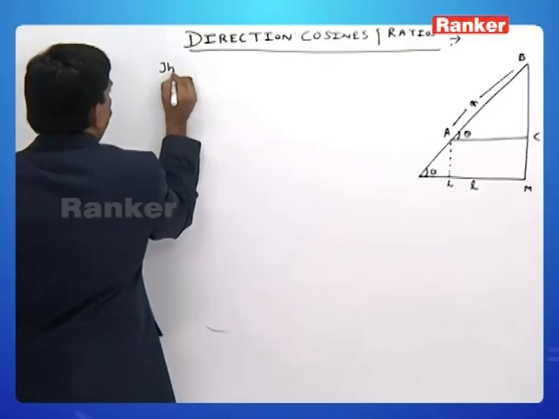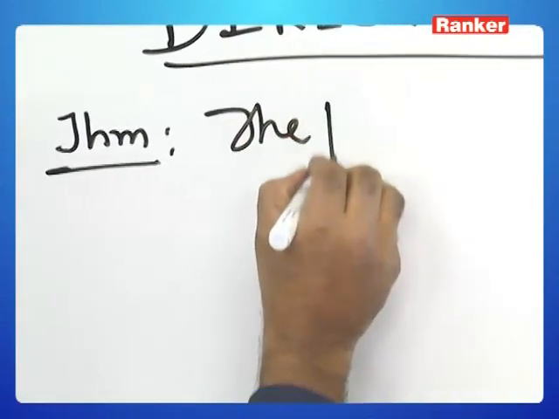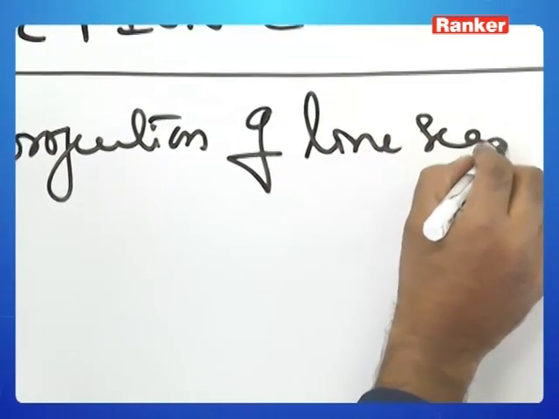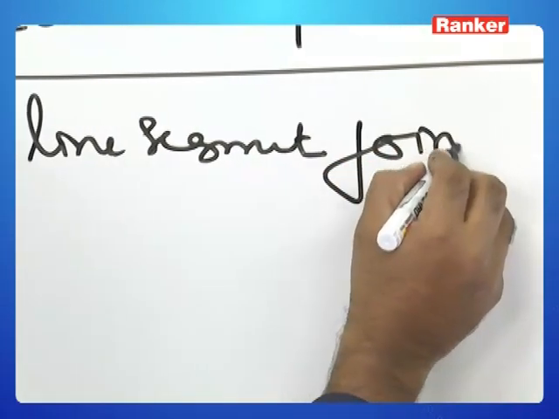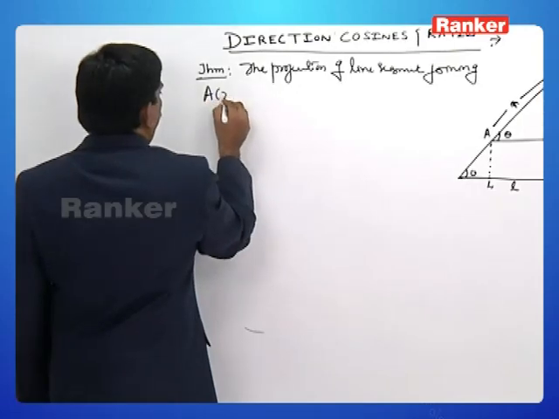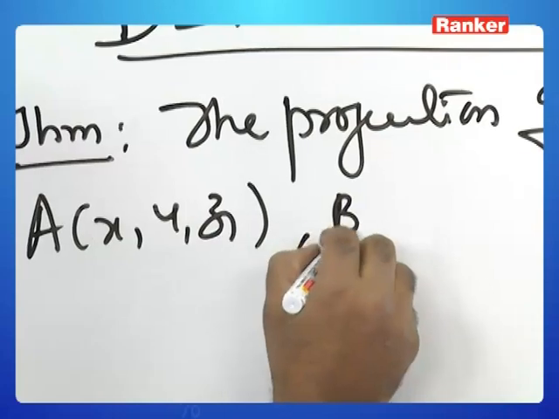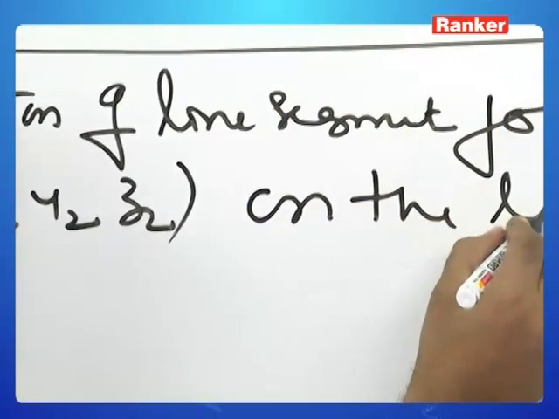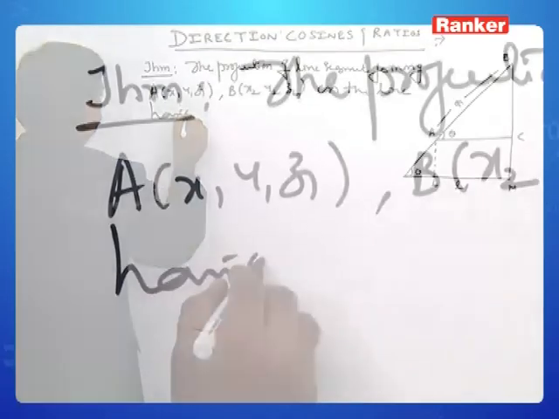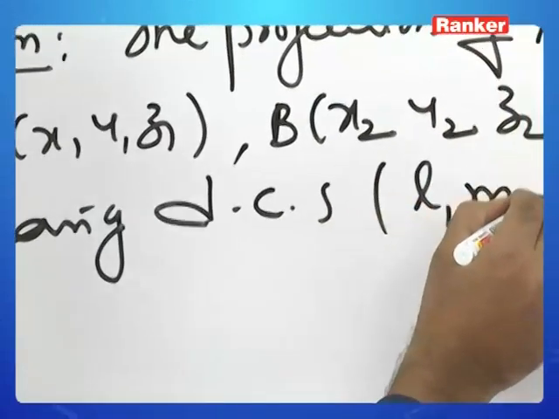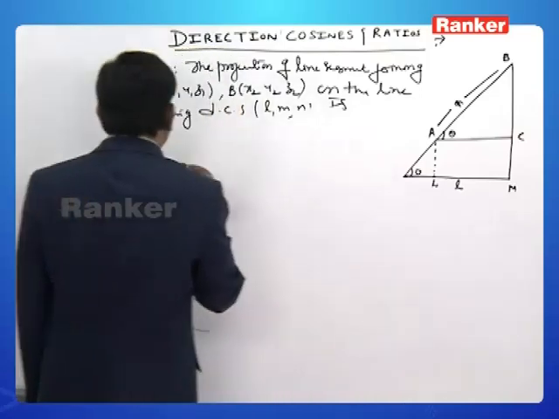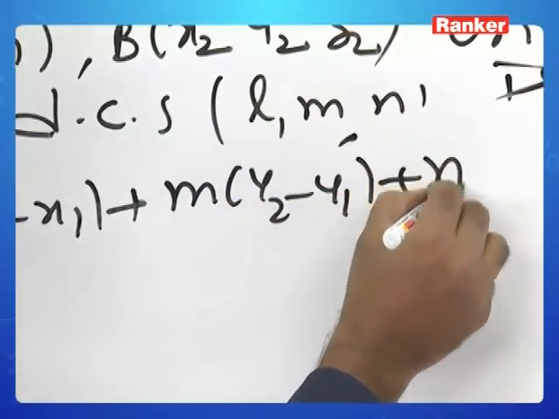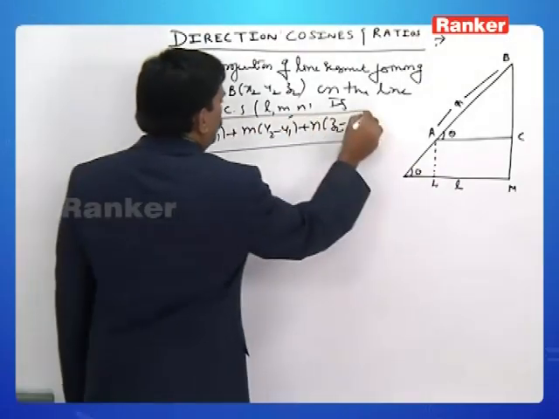Next comes the projection of the line segment joining A of x1, y1, z1 and B of x2, y2, z2 on the line having DCs l, m, n, which is l into x2 minus x1, m into y2 minus y1, n into z2 minus z1.